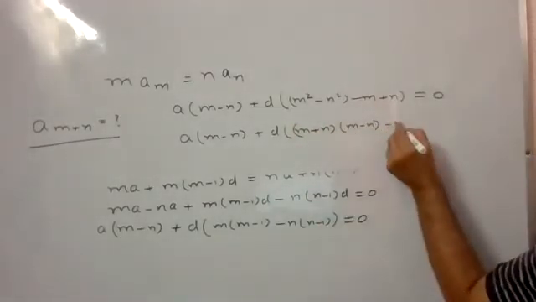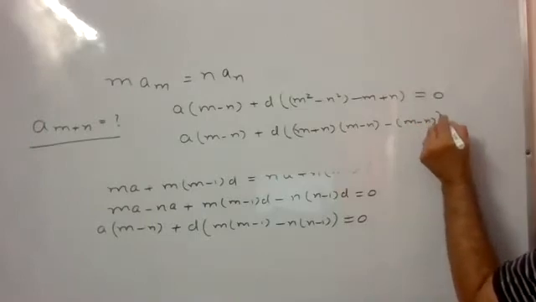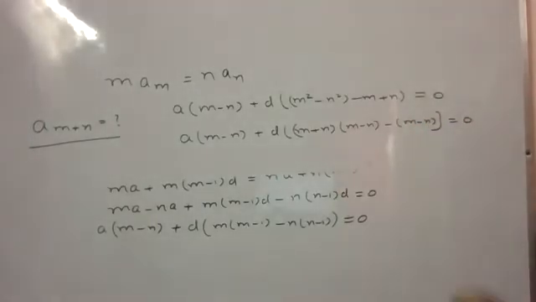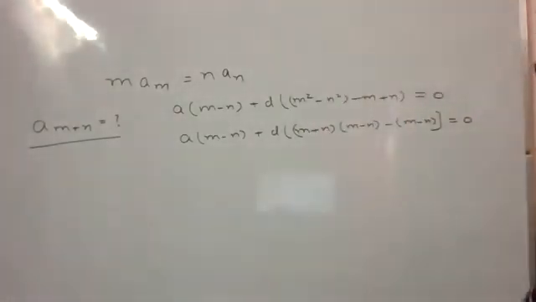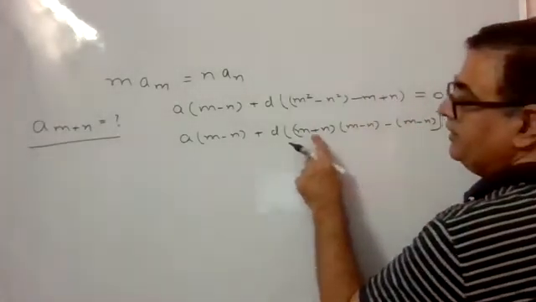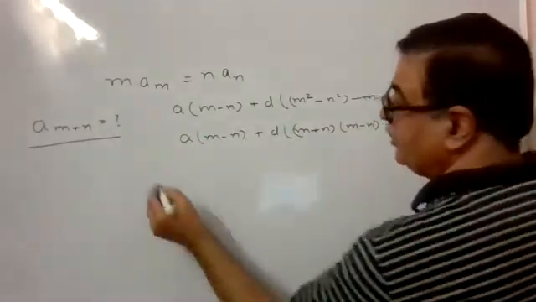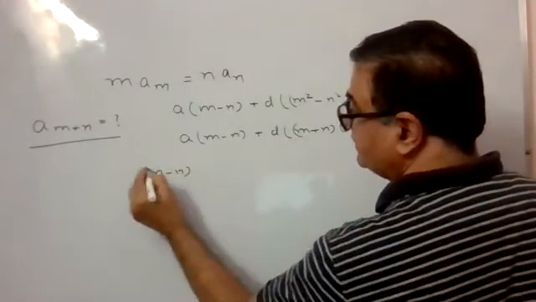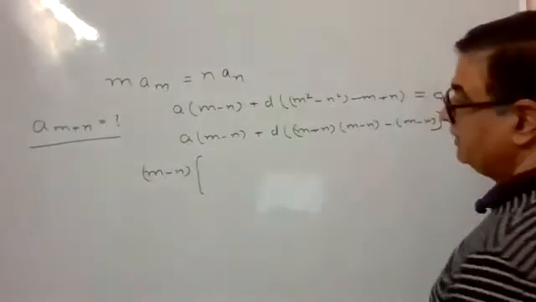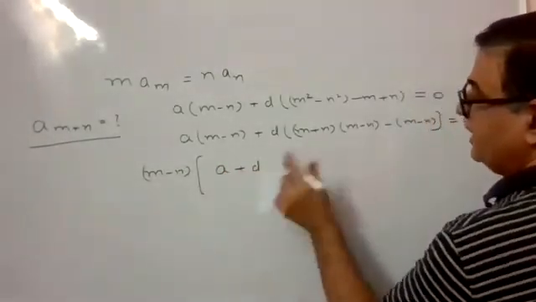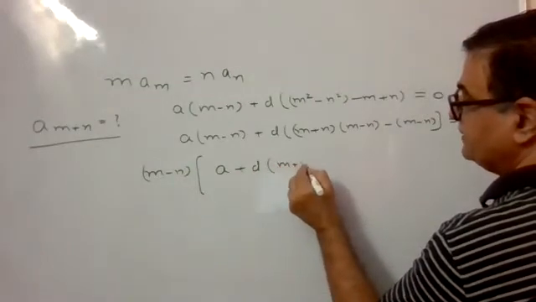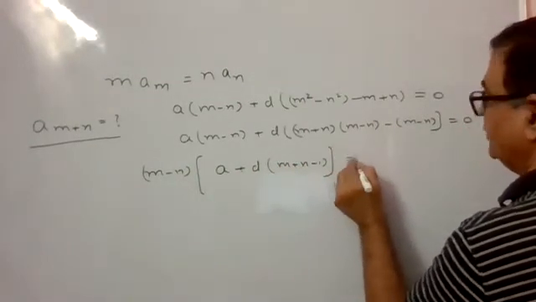From here, taking minus common, this also gives m minus n. Is something common? m minus n comes out from here and from here too, so every term gives m minus n common. Then left is a plus d times m plus n minus 1 equal to 0.